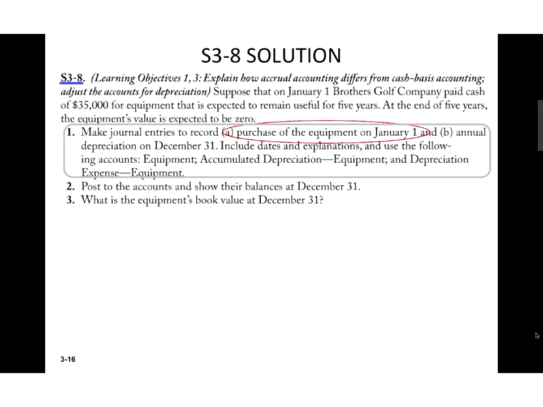On January 1st, we debit equipment for $35,000 and credit cash, and that's our purchase. In real life, our memo lines are going to reference invoice numbers and things so we can trace things back. But that's the initial purchase of the equipment. That is not an adjusting entry. That is simply a transaction that happened.